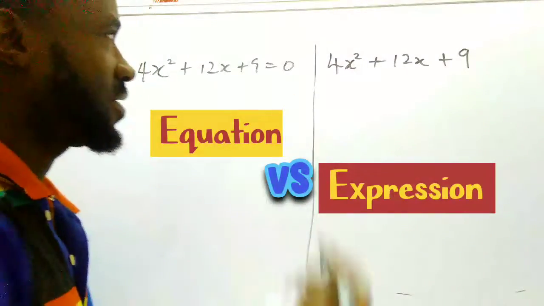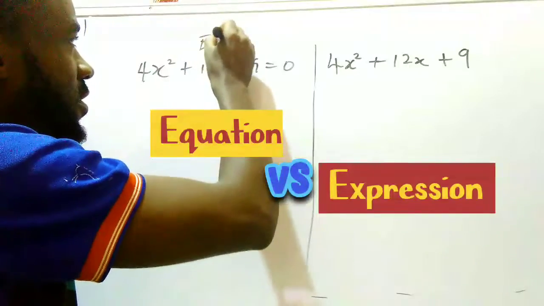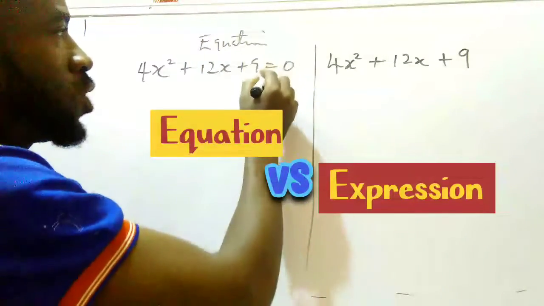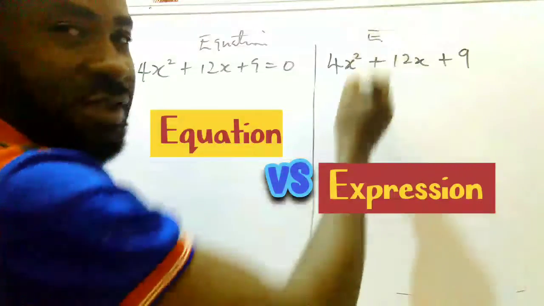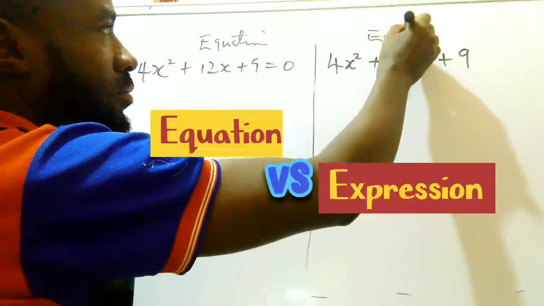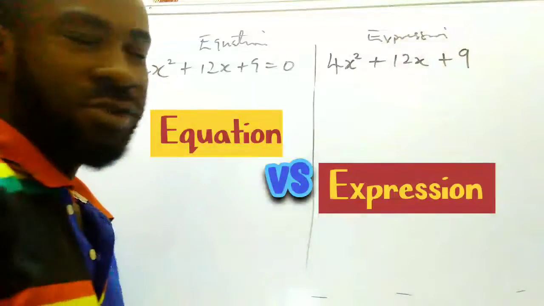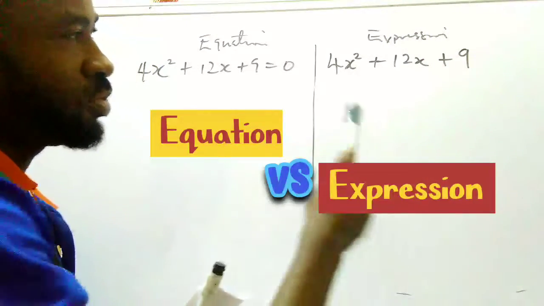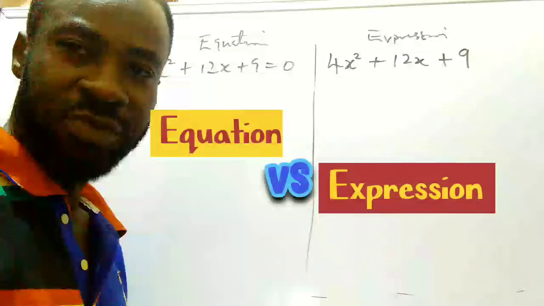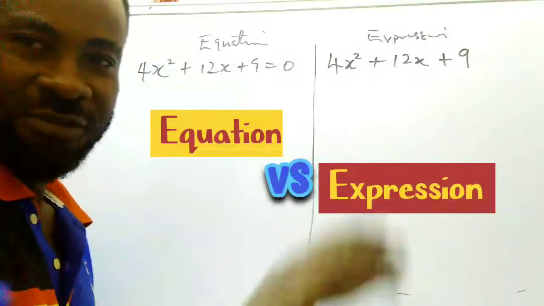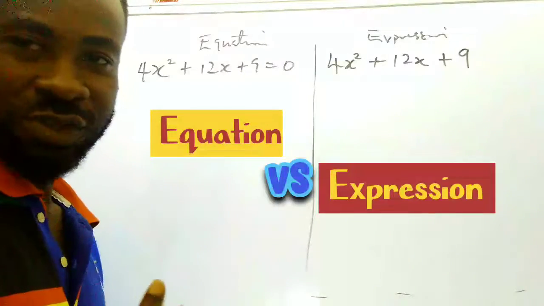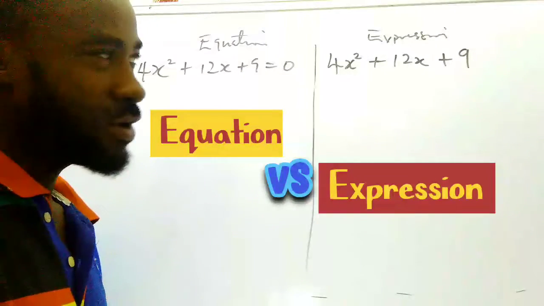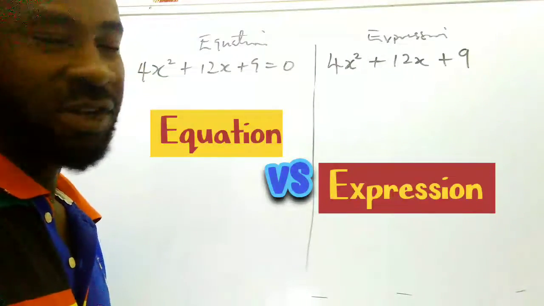So this is an equation because it has the equality sign equal to 0. This is an expression. For expressions, we don't solve them. We only factorize expressions. But for equations, we solve equations. Okay? So now let's see how to factorize this.